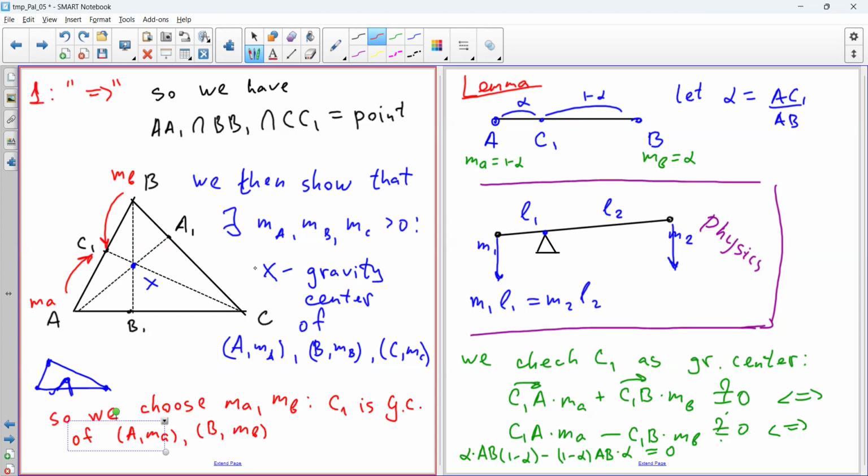And also we choose MC so that A1 is gravity center of B and C. So in a shorter way of writing that down, we just mention the points, right?